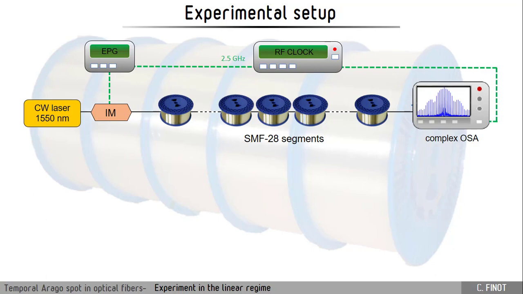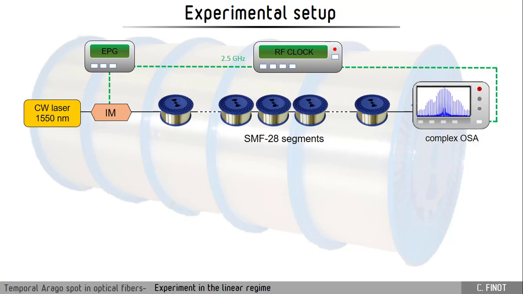So we use the most standard fiber that exists in telecommunication, the standard SMF28 fiber that has an anomalous dispersion. So we have used different lengths of spool. We have combined the different spools. So with this we were able to characterize the propagation for very different lengths of propagation.